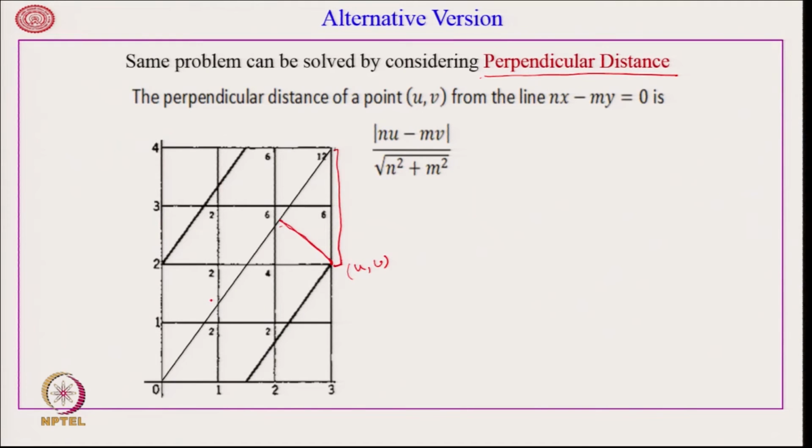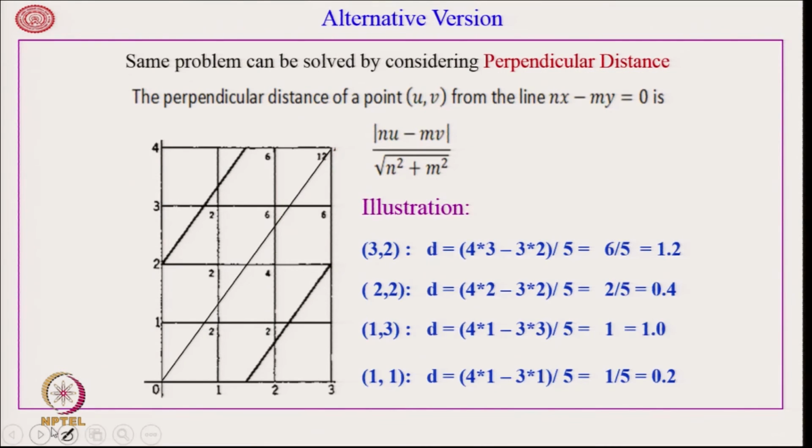And we know from coordinate geometry that the perpendicular distance of a point u v from the line n x minus m y is equal to 0 is the absolute value of n u minus m v divided by root over n square plus m square.